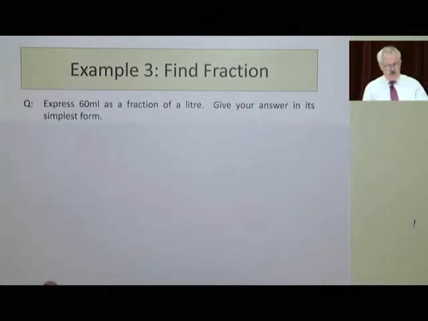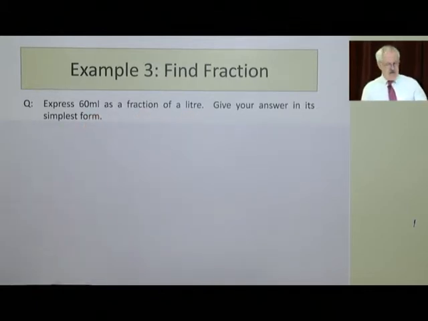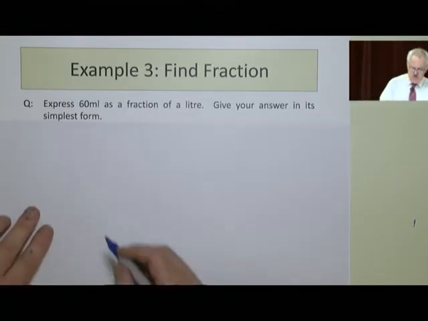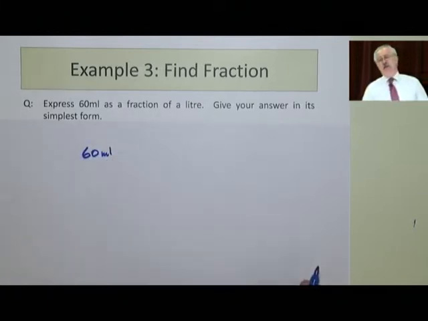Here's an example where you say, express 60 millilitres as a fraction of a litre. Give your answer in the simplest form. Well, you want 60 as a fraction of a litre. 60 millilitres. How many millilitres in a litre? 1,000.